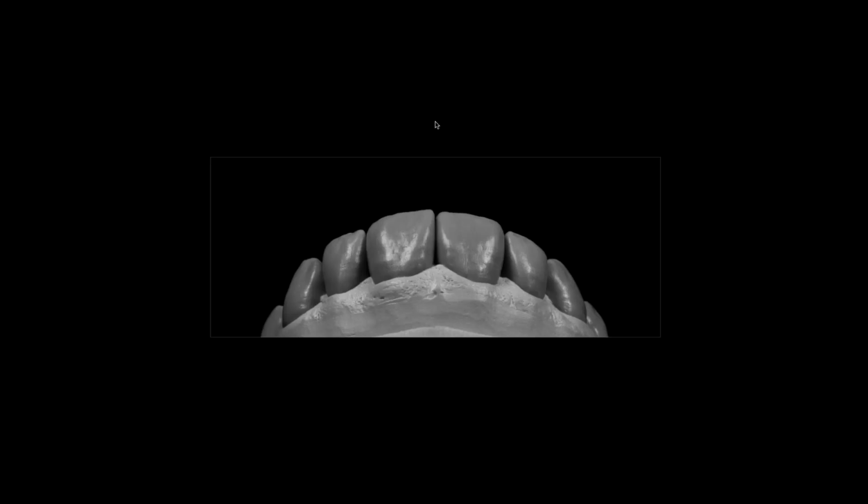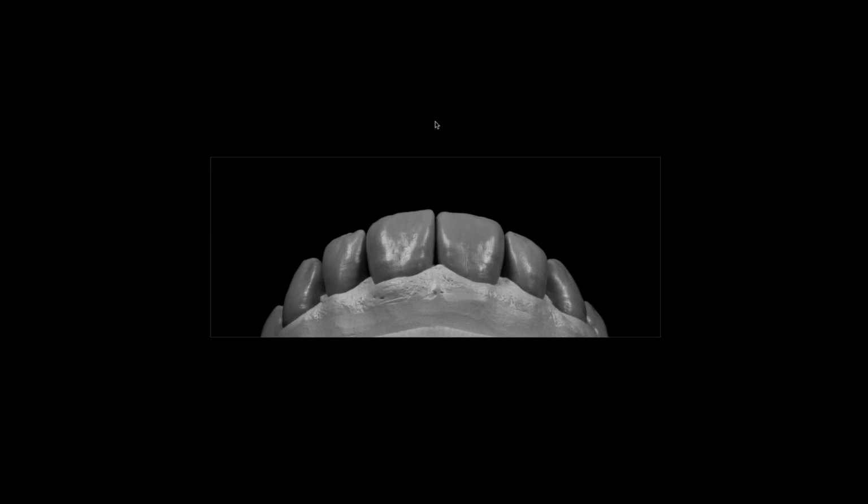So on this next slide, you will see how they are a little bit twisted, how they are not symmetrical. Try to do the centrals as symmetrical as you can, but the laterals are never symmetrical because of the position of the gingiva, the position of the root.